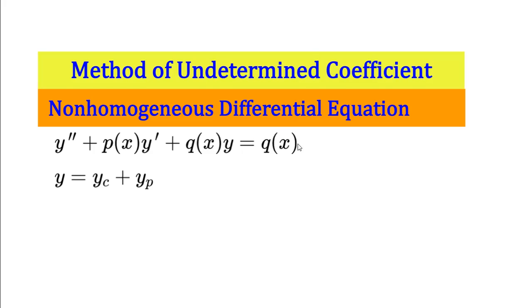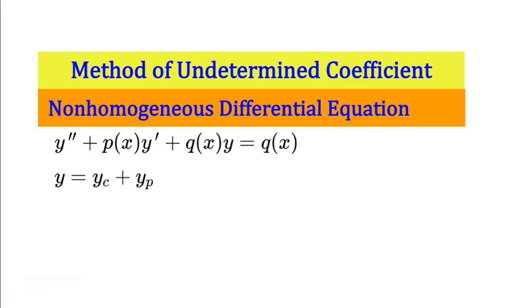Thereafter, we will differentiate that guess equation and substitute it in our non-homogeneous equation. If we obtain a value for the undetermined coefficients, then our guess was correct. But if we cannot determine any value for the undetermined coefficients, then our guess wasn't correct at all.